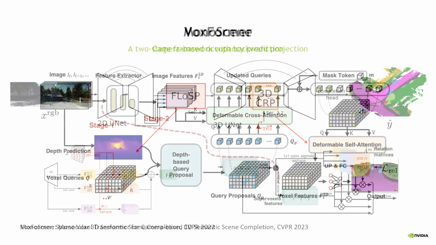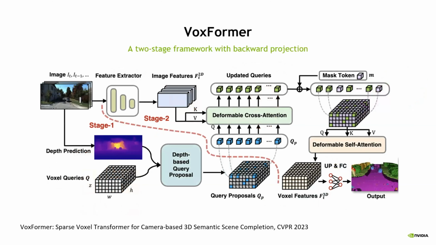The other work, which we proposed at Nvidia, is VoxFormer, and this work is accepted to CVPR this year. We will also present it at CVPR. It features a two-stage framework with backward projection, kind of similar to BEVFormer.